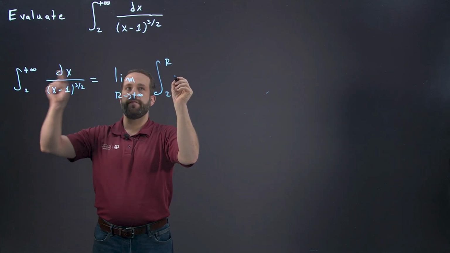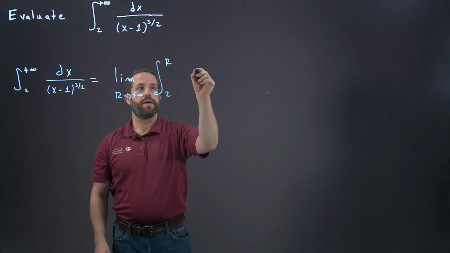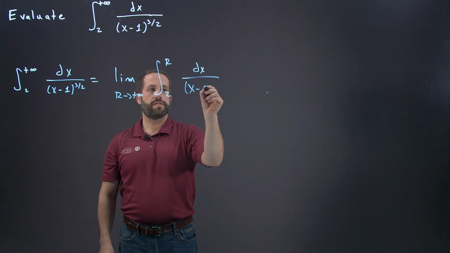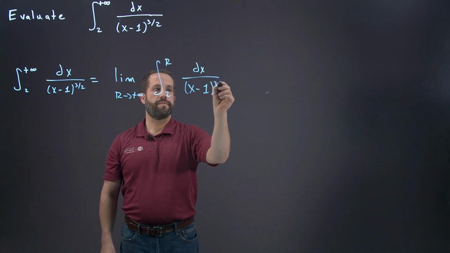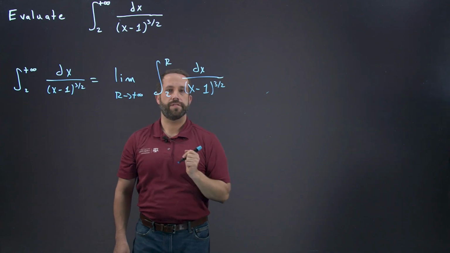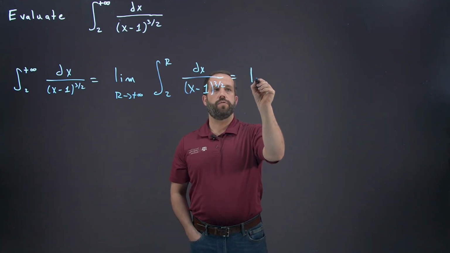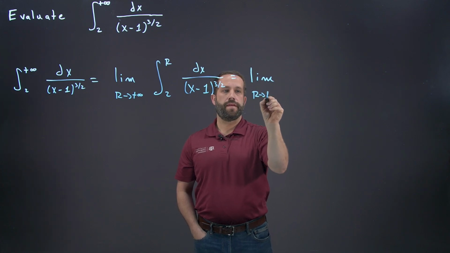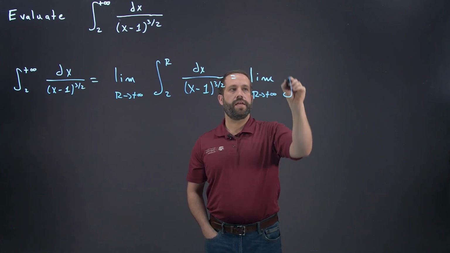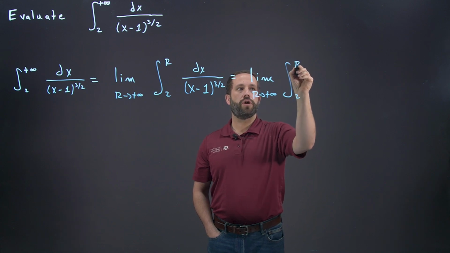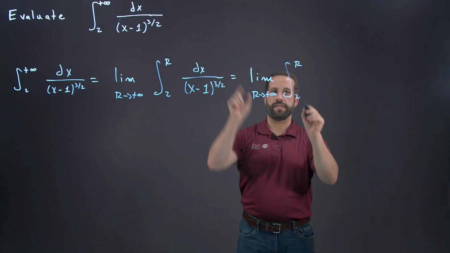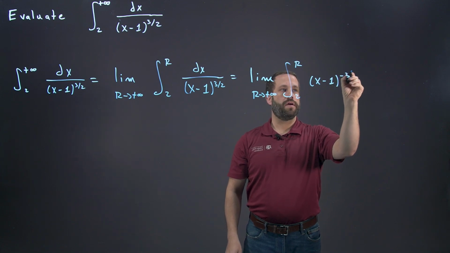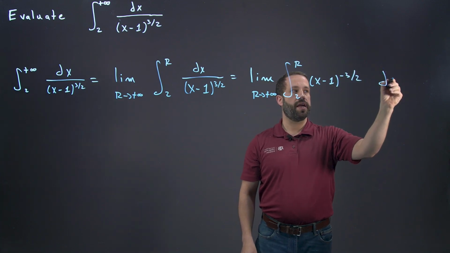So I'm replacing my infinity limit with the r, dx over x minus 1 to the 3/2. Okay, and this is equal to the limit as r goes to infinity, the integral 2 to r, and I'm going to write this in the numerator, so x minus 1 to the minus 3/2 dx.